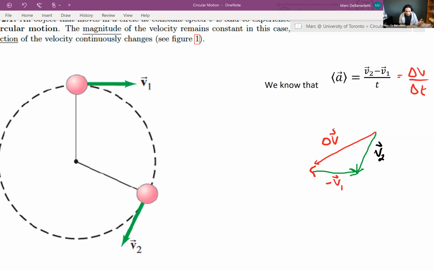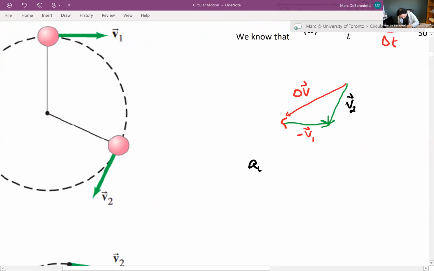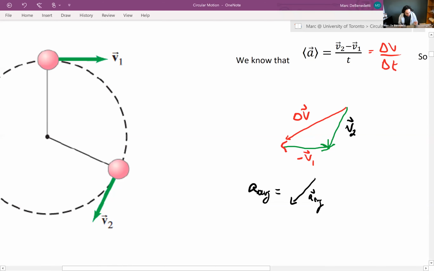Then you just divide by time to get acceleration. Now time's a scalar, so the average acceleration vector will look something like this. And that's the average acceleration vector between this position and this position. So we see here that the acceleration vector is actually sort of inwards.